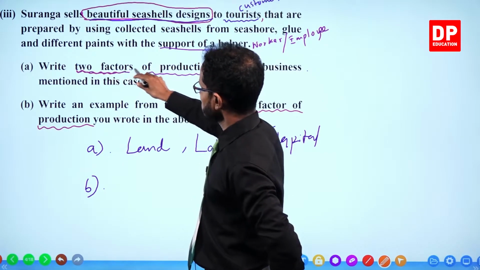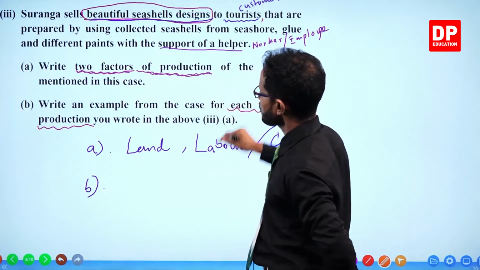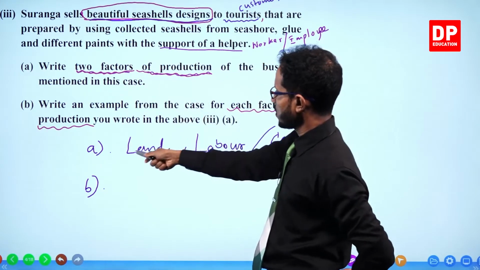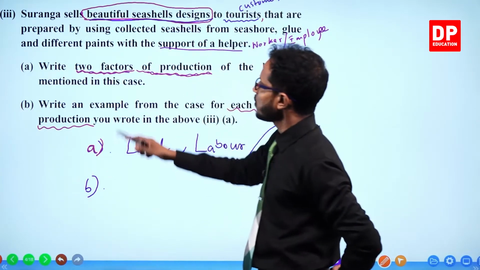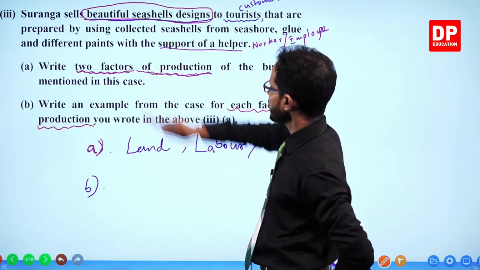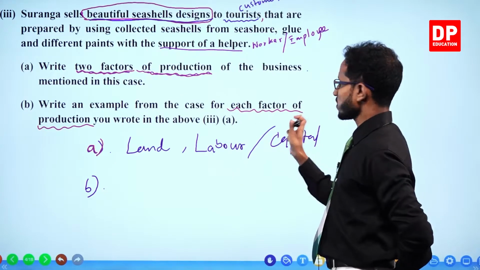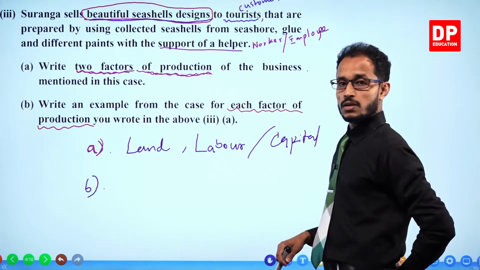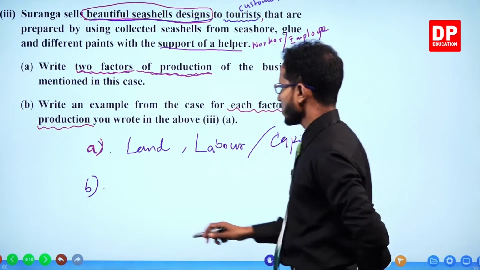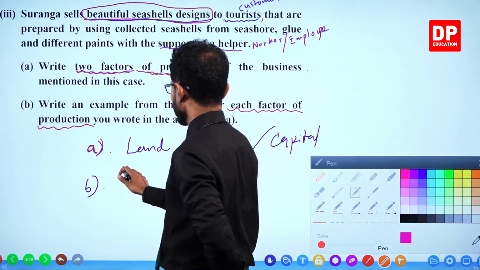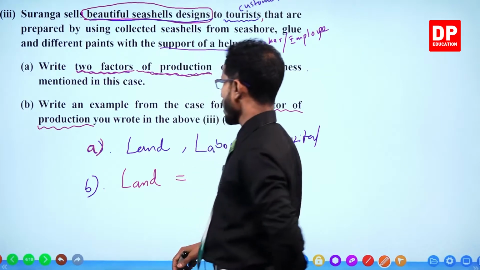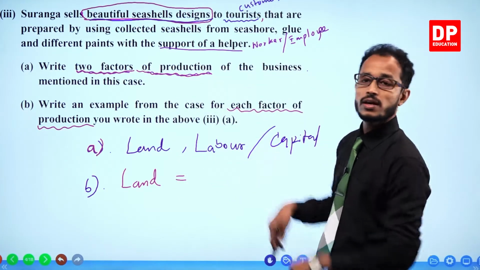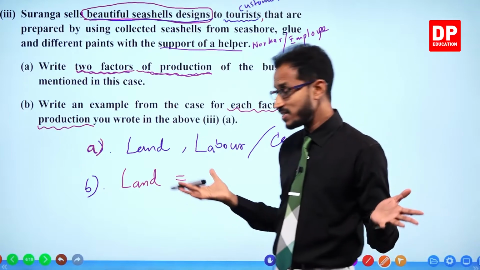The 2 factors of production that you mentioned in A part, for those 2, you must write examples from the case. Got it? Alright. Now we can write land, and in front of the land, what examples for land you have here in the case? What examples?